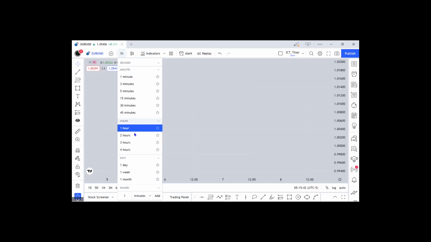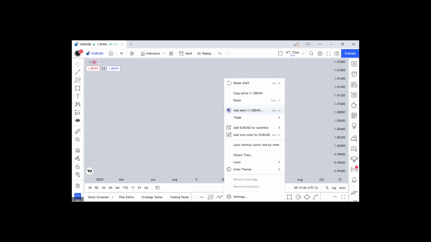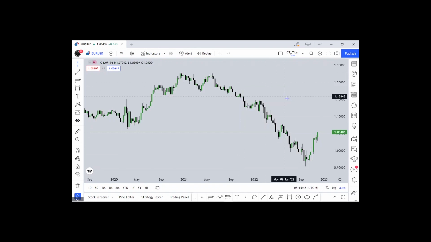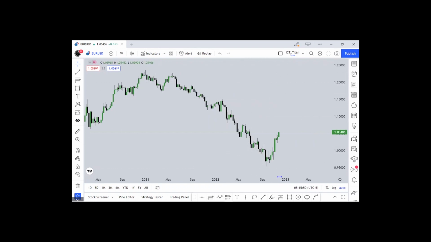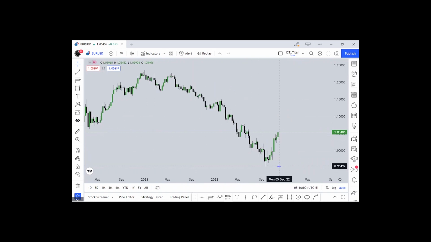So first, we'll start on a weekly chart. On our weekly chart, because this is in hindsight, I will assume that this particular area is my area of interest.